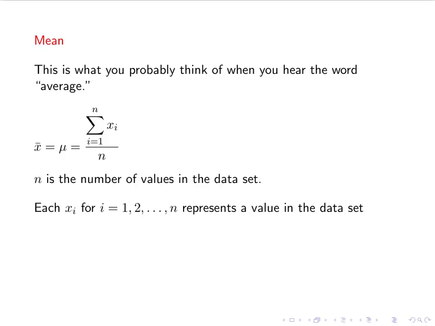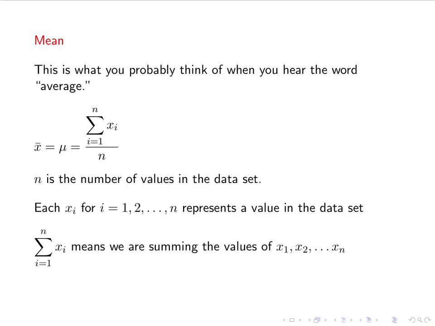Each xi, for i being 1 through n, represents a value in the data set. So the first number in the data set would be x1, the second value x2, the third value x3, and so forth. And this Greek letter, capital sigma, means the sum.